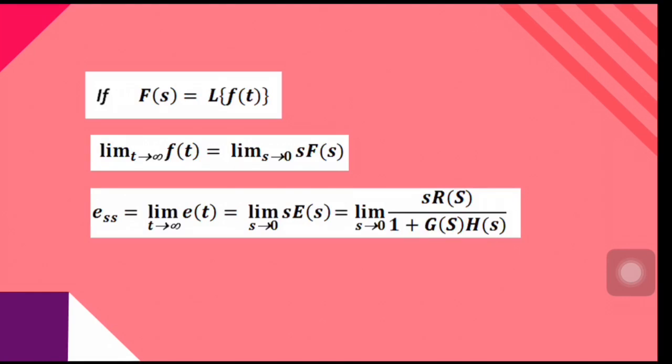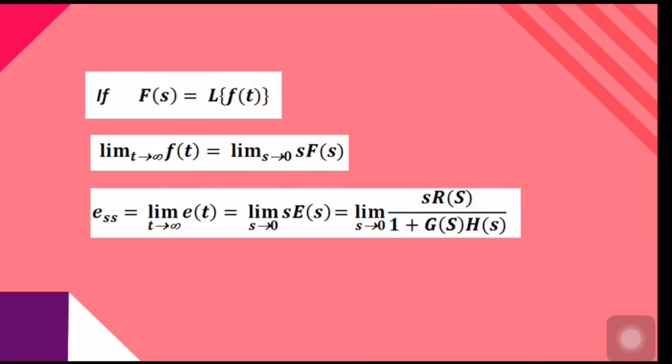Based on this theorem, we can write ESS that is equal to limit t tends to infinity e of t that is equal to limit s tends to 0 s into E of s. Then replace this E of s with R of s by 1 plus G of s H of s. So we get steady state error ESS is equal to limit s tends to 0 s into R of s by 1 plus G of s H of s. Thus we obtained the expression of steady state error.